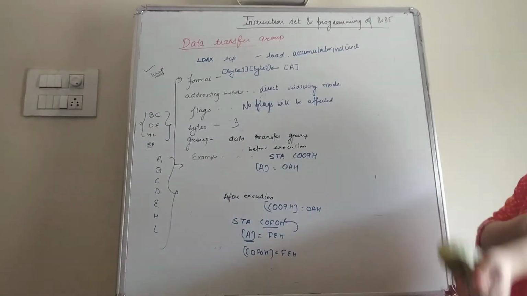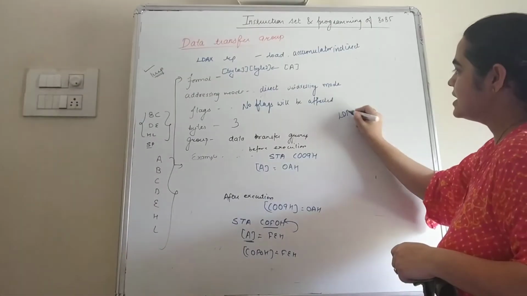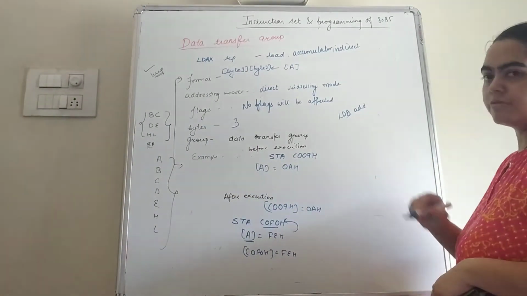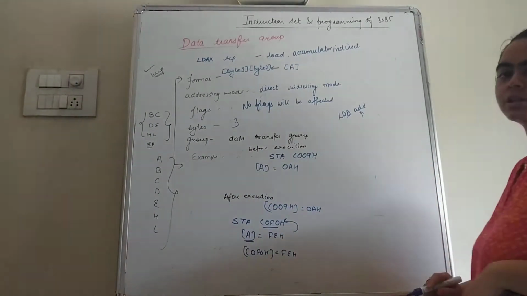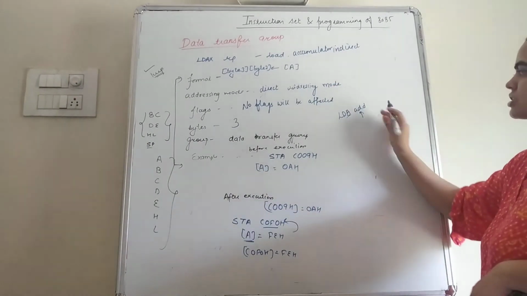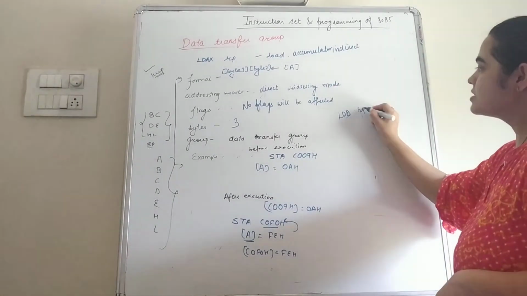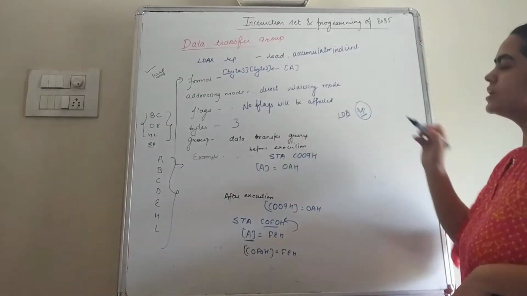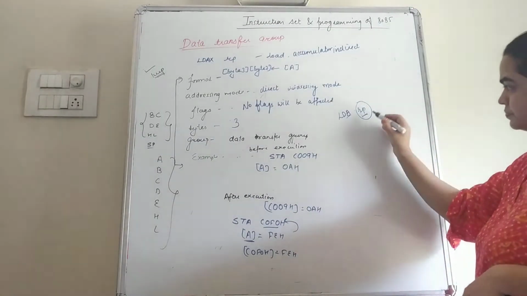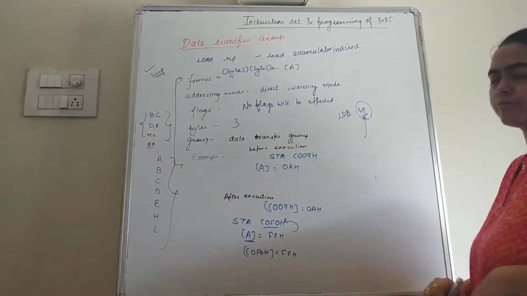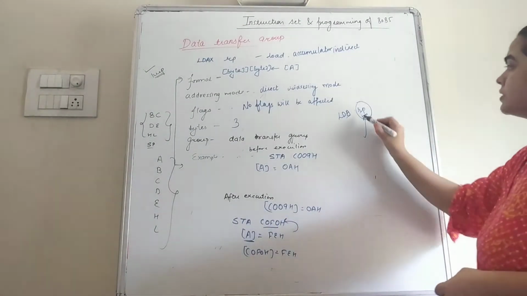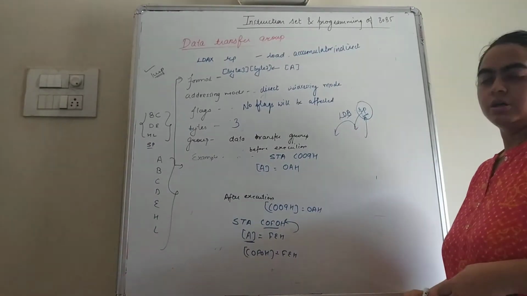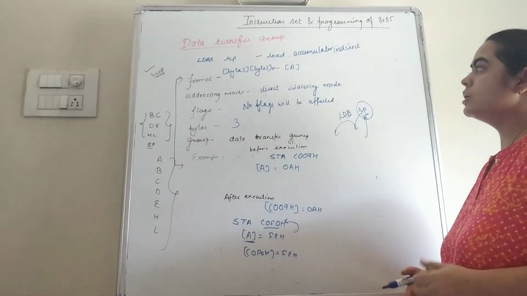In the previous case we had the instruction LDA address, which means we can load the accumulator with the contents present in the address. But in this instruction the address is not given, the register pair is given. That means the address is stored in this register pair, so initially we have to go to the register pair, check the memory location, and from that memory location move the contents into the accumulator.